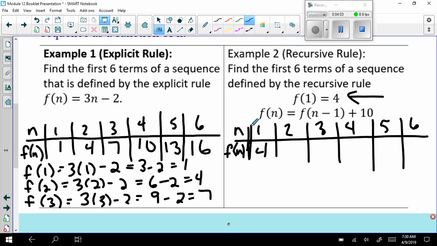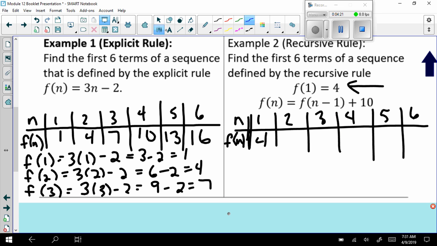Now, this recursive rule, f of n equals f of n minus 1, this right here means the one that came before, plus 10. So notice the n minus 1 is on the inside of my parentheses there. So I'm going to use the formula, and then I'm going to actually just use the pattern.